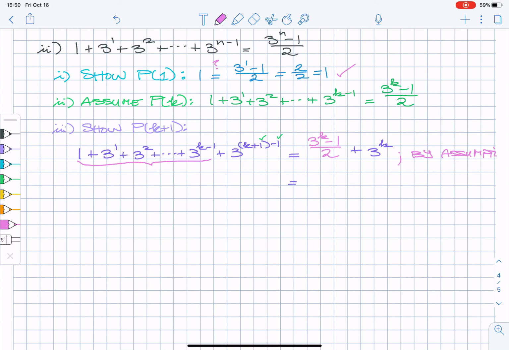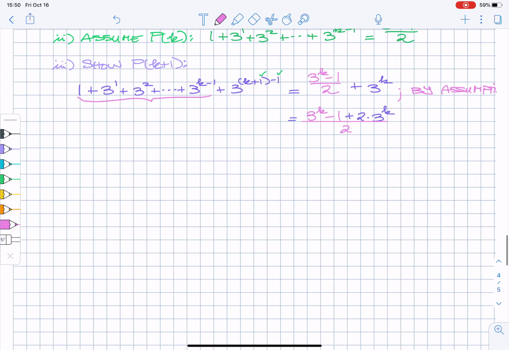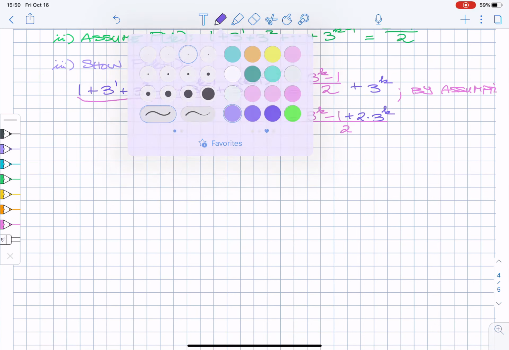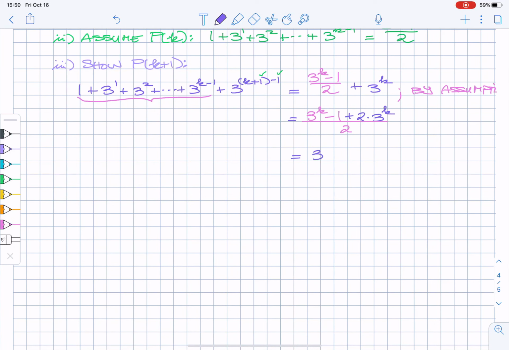So I claim that this will be 3 to the k minus 1 plus 2 times 3 to the k all over 2. So I have 2 3 to the k's plus 1 3 to the k. So I claim in the numerator I have 3 3 to the k's minus 1 all over 2. And in fact, let me just keep these pink so we see where we're getting them.